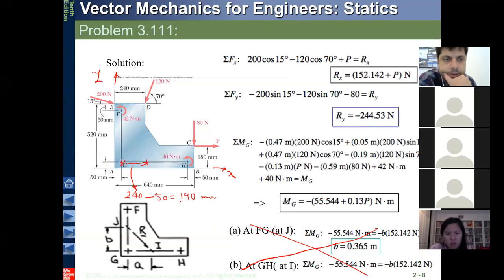Is that clear? So it is actually this distance, which is equal to minus 50.